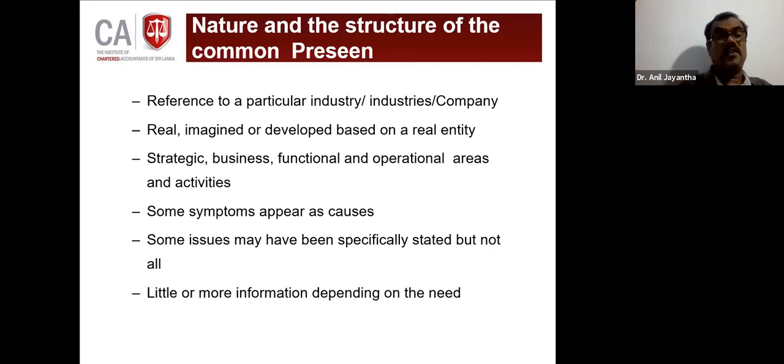Sometimes very little information may be provided, where you have to think based on that little information, develop it by yourself, interpret it by yourself, collect more facts from the outside and support it. So likewise, there is no hard and fast rule that it should be a certain way. It's up to the examiners. They would decide the extent to which information is provided.